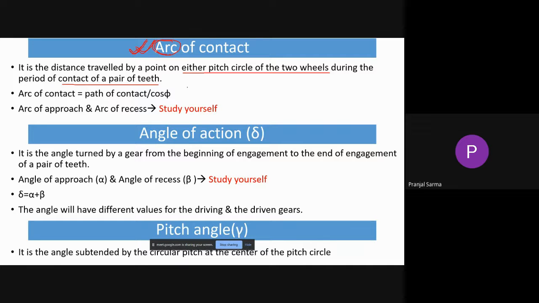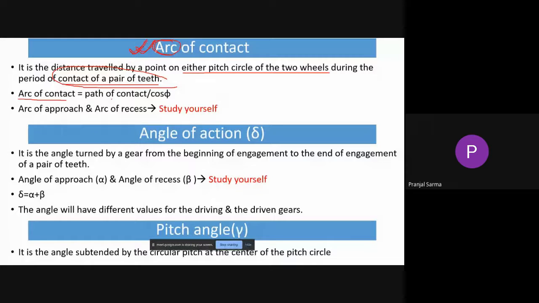Whenever the contact was there between the pair of teeth, during that time the distance traveled by a point on the pitch circle, that particular arc distance is known as the arc of contact.